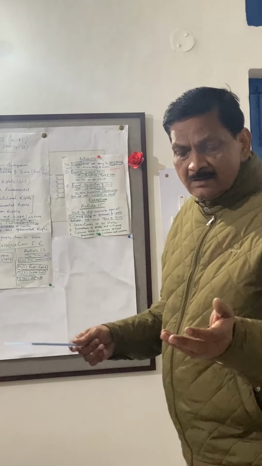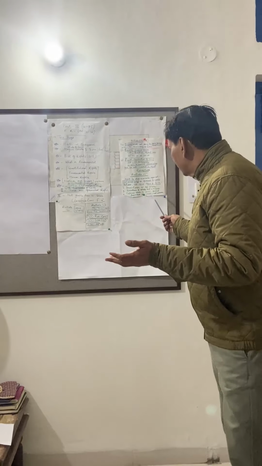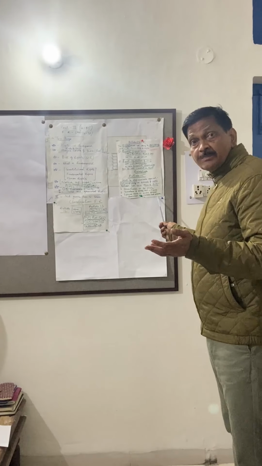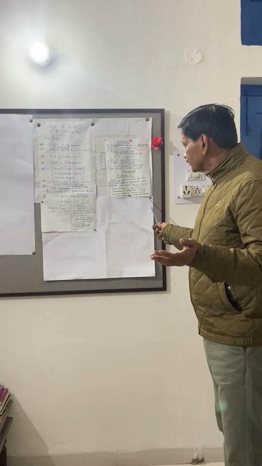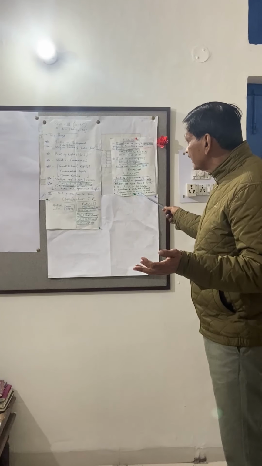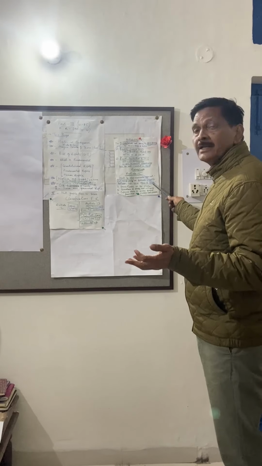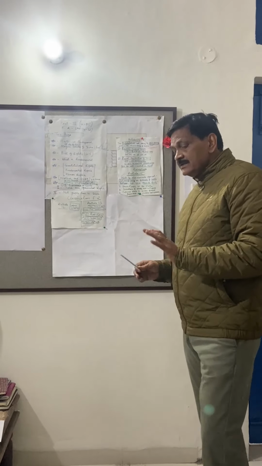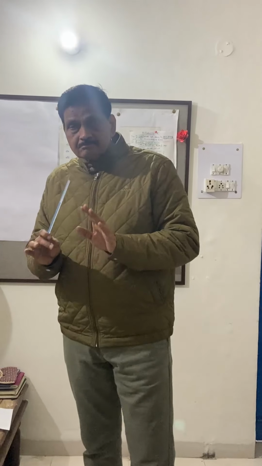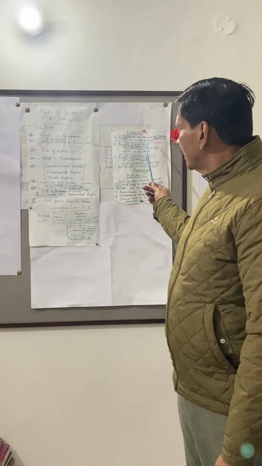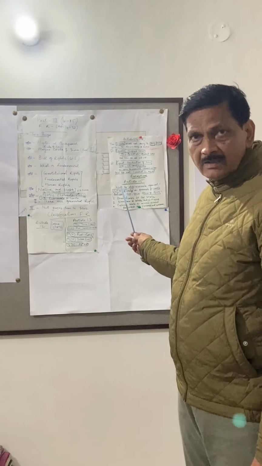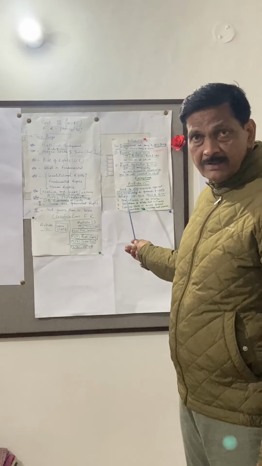For example, children below 14 years are prohibited to work. Women have special provisions in our constitution. So this is all about Article 15, Article 14. Now we conclude these two articles. In this lecture we have completed two articles, Article 14 and Article 15, right to equality.